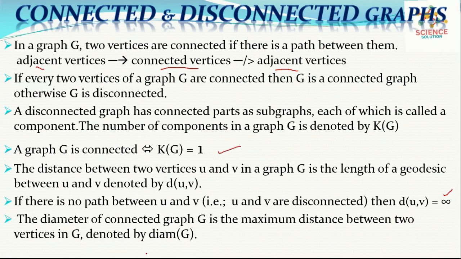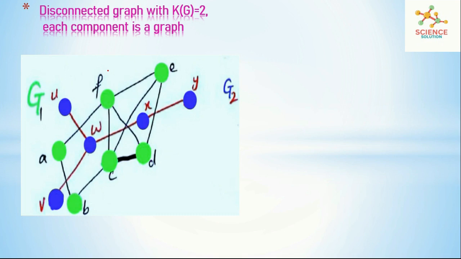Now we explain connected and disconnected graphs by an example with a diagram. We take a disconnected graph with k of G equal to 2. Each component is a graph. We can easily see G1 is a graph having 6 vertices, which are shown in green color, which is disconnected from the graph G2 having 5 vertices with blue coloring shown in the diagram.